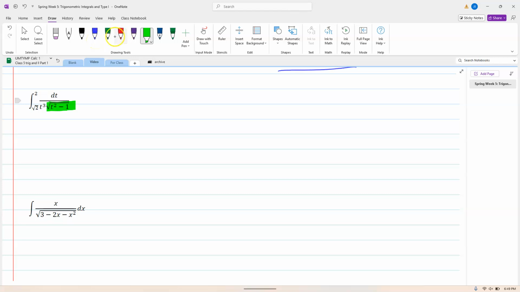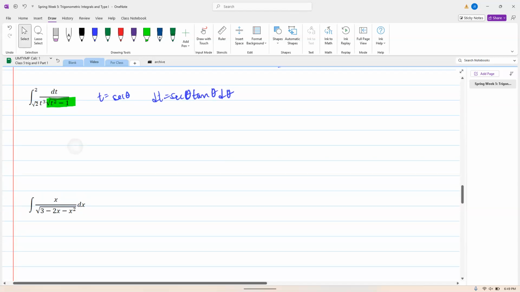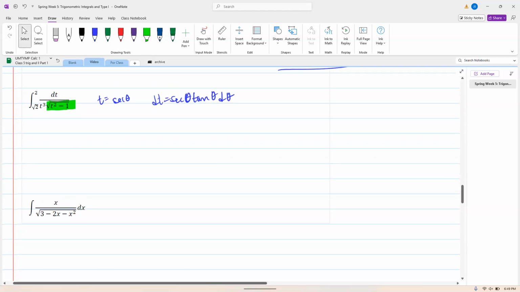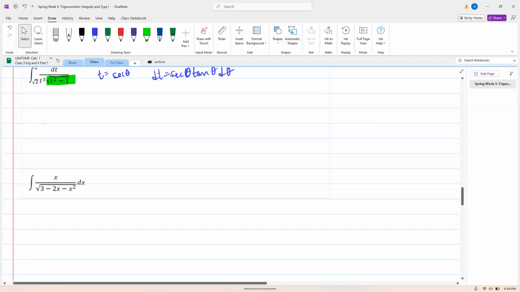That should be a blinking red light for you to use a substitution where t is equal to secant of theta, and then dt would be secant of theta tangent theta d theta. Okay, so you can make that substitution. And remember this is definite, so make sure to change the bounds and all that good stuff too.